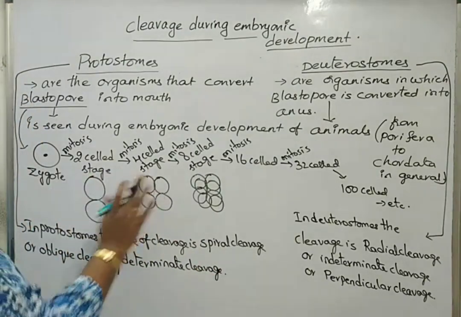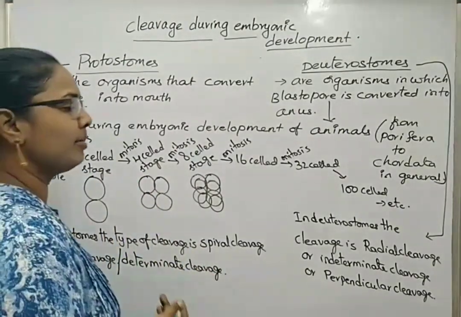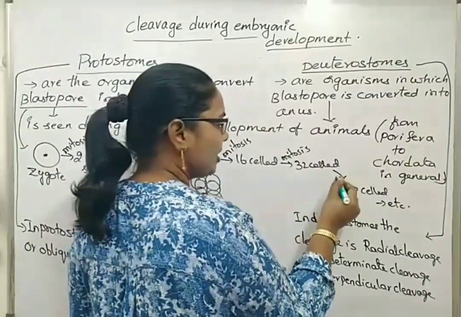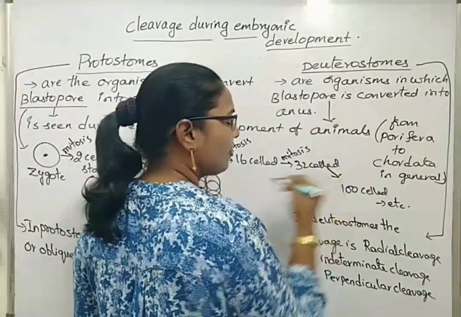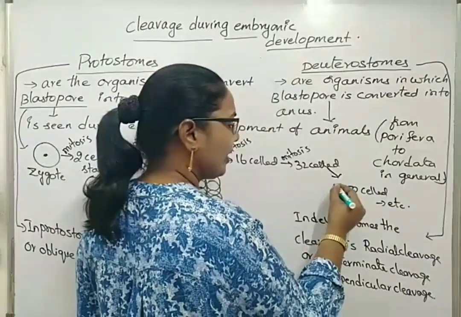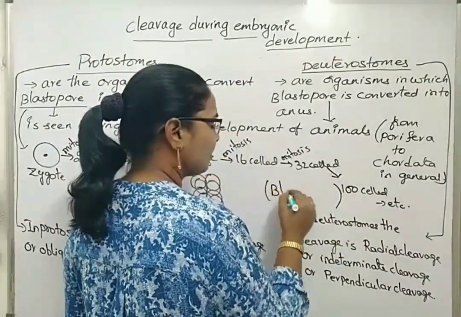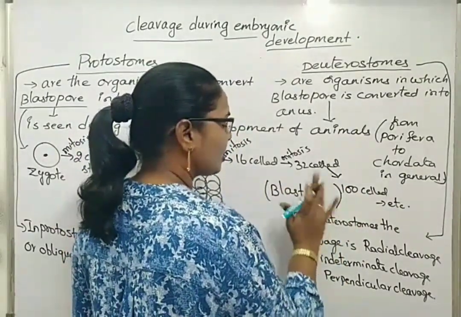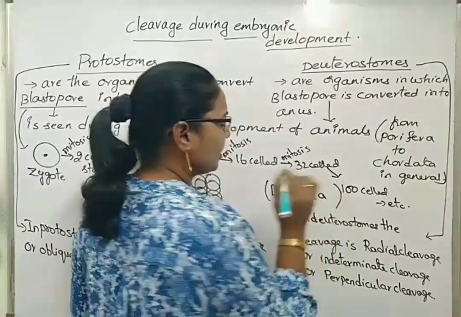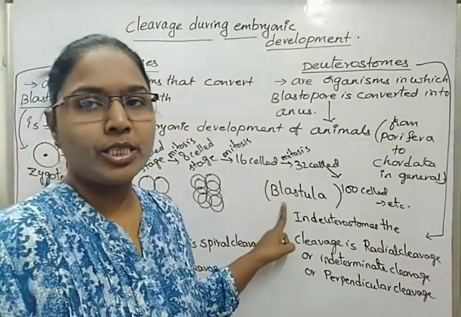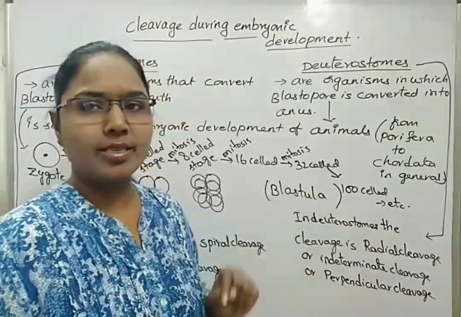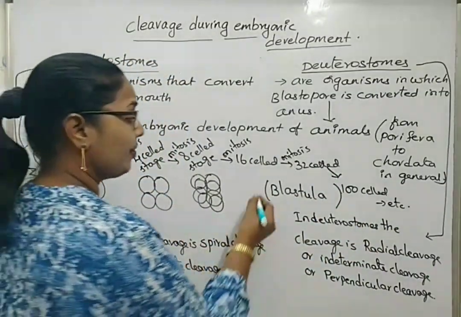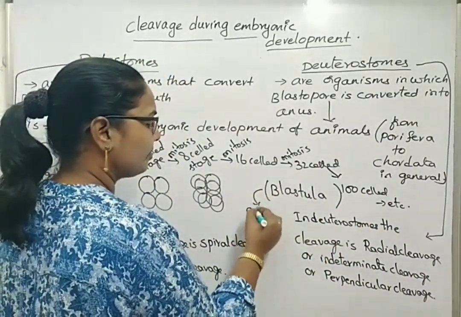So when the cells are increasing their number like this, after 32 cell stage, the structure called blastula will be having approximately nearly 100 number of cells in it.